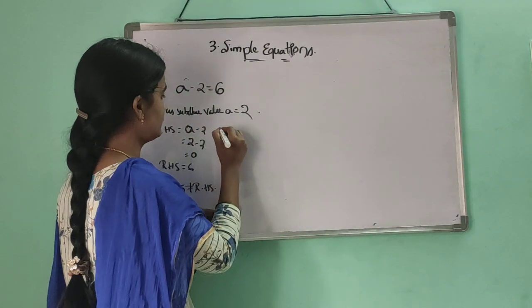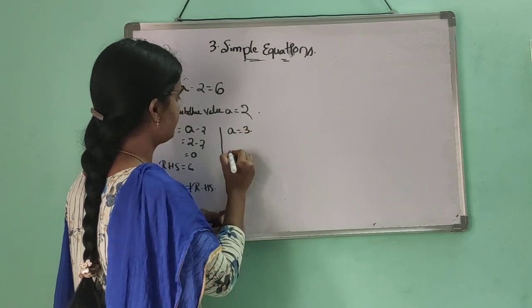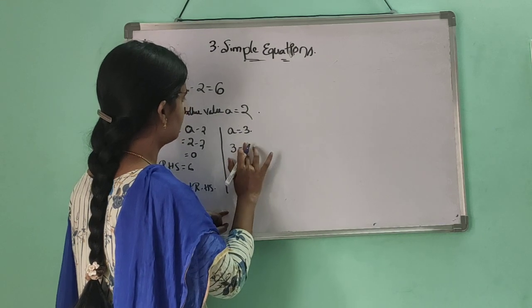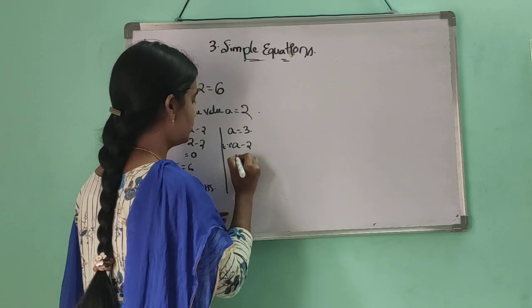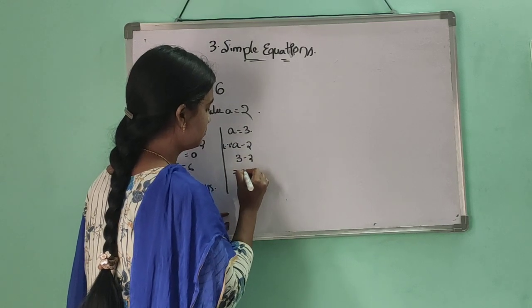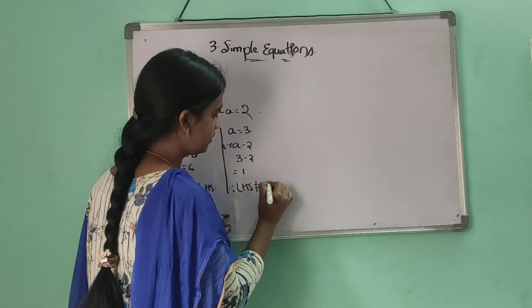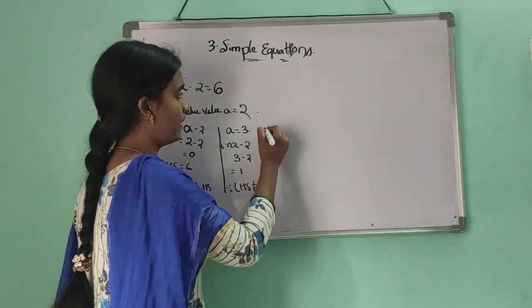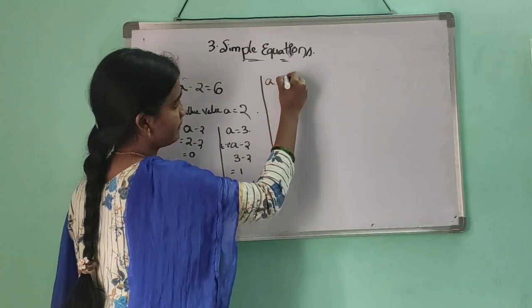Let's see the next one, A equal to 3. LHS equal to A minus 2, 3 minus 2 equal to 1. So LHS is not equal to RHS. 3 is also not suitable for the variable A. For example, take A value 4.